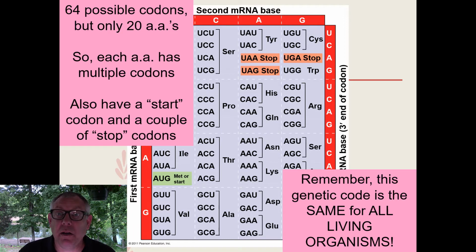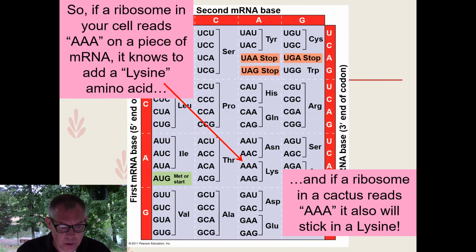That's really cool. So if a ribosome in one of your cells is reading mRNA and it reads AAA, then it's going to stick a lysine into whatever polypeptide is being grown. And if a ribosome in a cactus is reading an RNA and it reads AAA, it's also going to bring a lysine in. That's the universal genetic code.